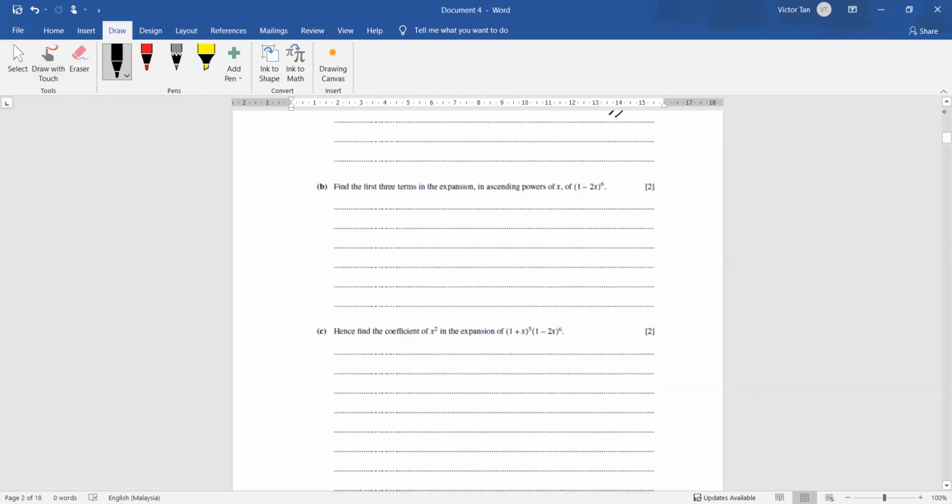Find the first three terms in the expansion in ascending powers of x of (1 minus 2x) to the power 6. 1 minus 2x to the power 6 equals 1 plus 6 times minus 2x plus 15 times minus 2x squared. 1 plus 6 times minus 2 is minus 12x, plus 6 times 5 over 2 is 15, times 4x squared.